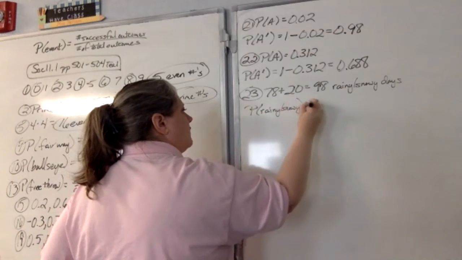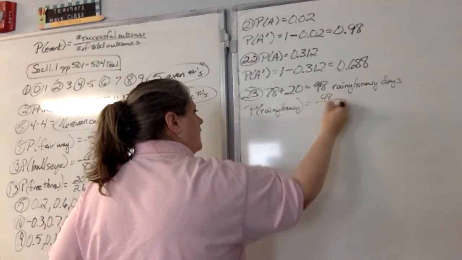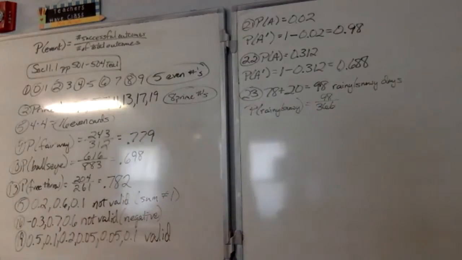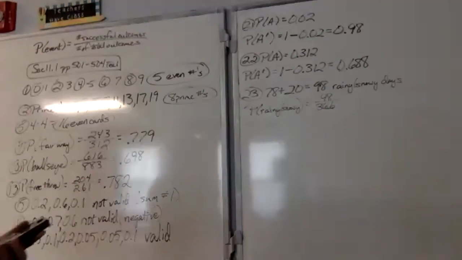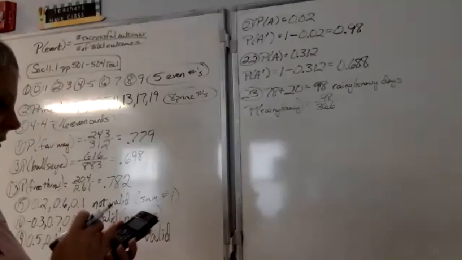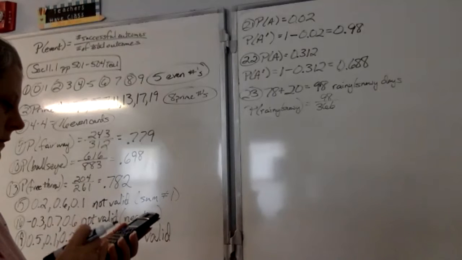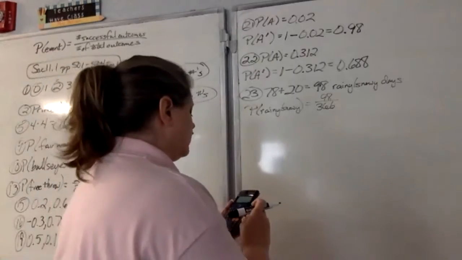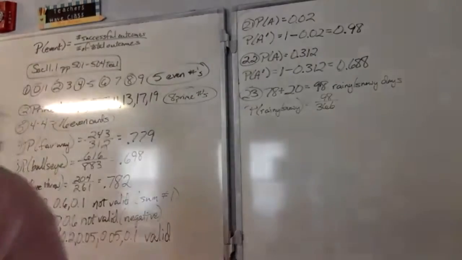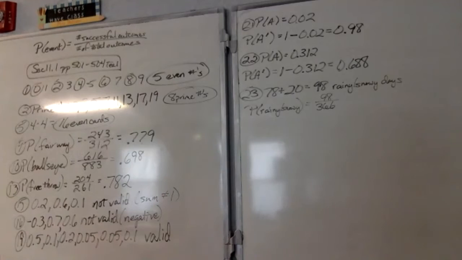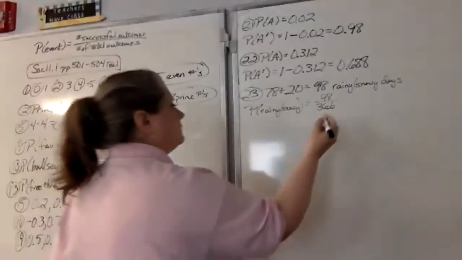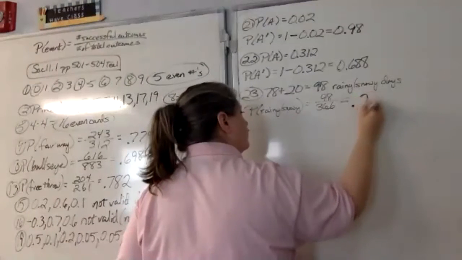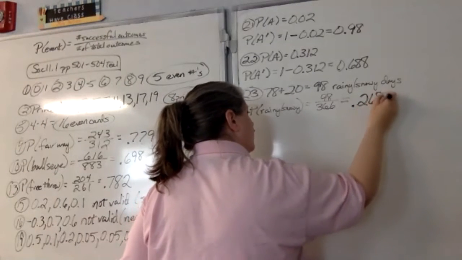So the probability of rainy or snowy is 98 out of 366. 98 divided by 366. Okay, I totally messed that up. It equals point 268. Okay.